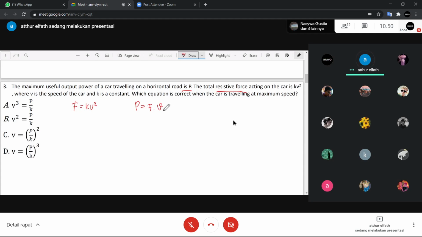By the way, this question said that the resistive force equals a constant times speed squared. So we can substitute this variable into this equation.